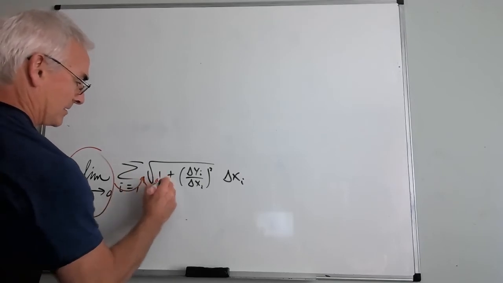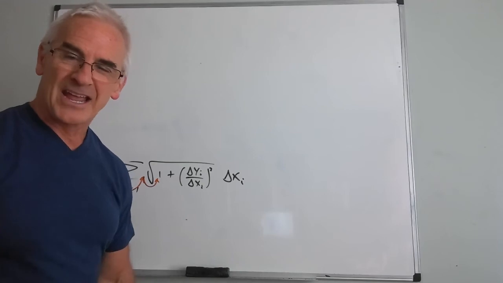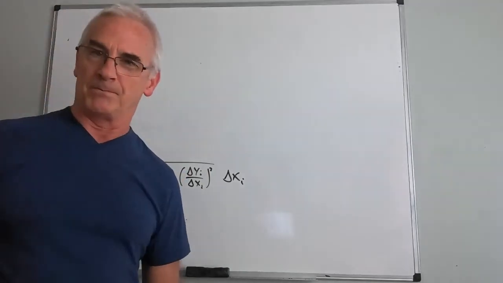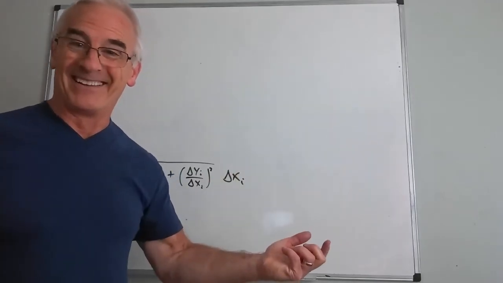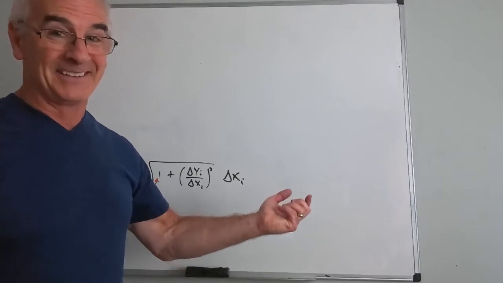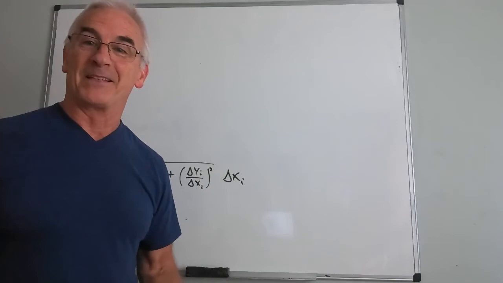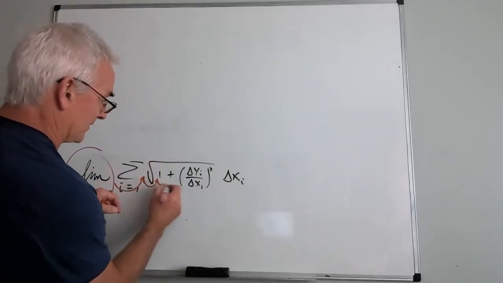Isn't it the root of the limit? And now I have the limit of this sum, but isn't the limit of a sum, anybody? Keep going on here. Limit of a sum is, you can be unmuted for this. The sum of the limits, which means I have the limit of 1, which is 1, plus the limit of this.